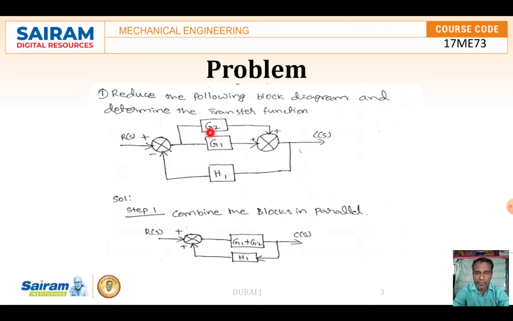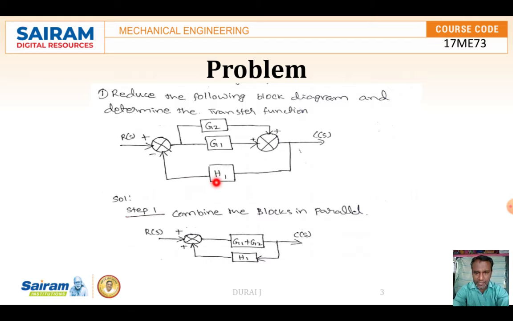Blocks arranged in parallel mean we have to add them, so the first step is adding these two blocks, and it becomes G1 plus G2.